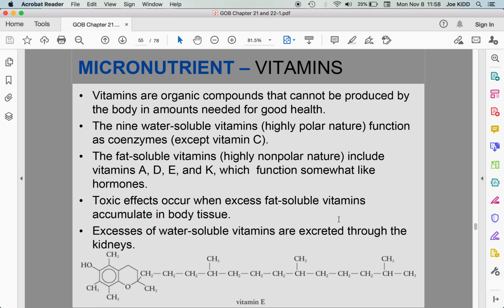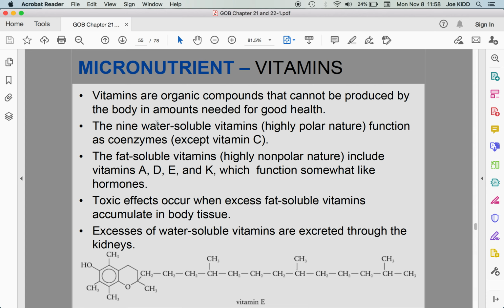The 9 water soluble vitamins act as these coenzymes that we need in our body. There are also fat soluble vitamins. These can be somewhat dangerous when taken as supplements and should be done under medical surveillance.